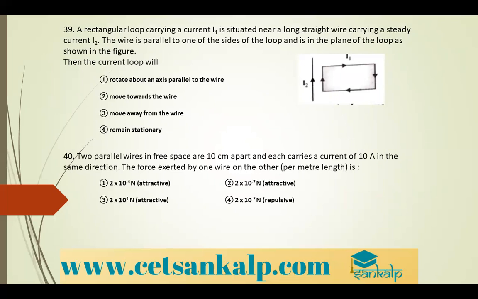Okay. So according to the concept, two conductors carrying current in the same direction attract each other, and they repel each other when the currents through them are in the opposite direction. Now what is given there is that the force of attraction between the wire and the side of the loop close to the wire is more than the force of repulsion between the wire and the parallel side of the loop away from the wire.